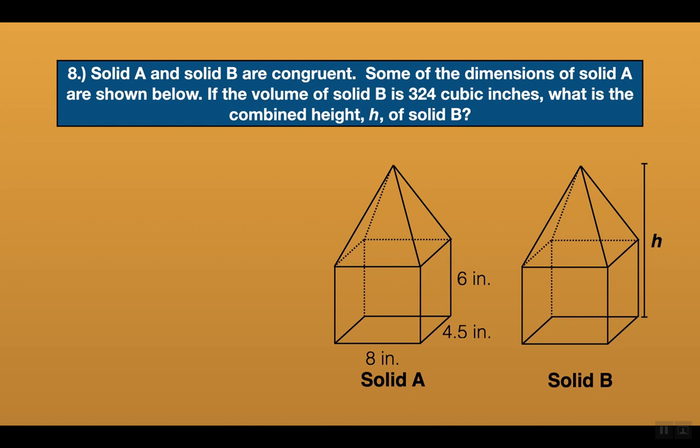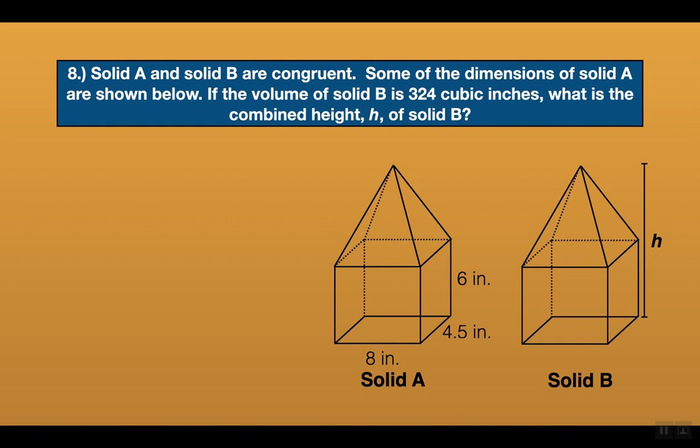Now, one thing I want to make sure that you realize is that the question says that solid A and solid B are congruent. That means they're exactly the same. That's important to know because that means that the volume and the dimensions of one of the solids is going to be the same as the volume and the dimensions of the other solid.